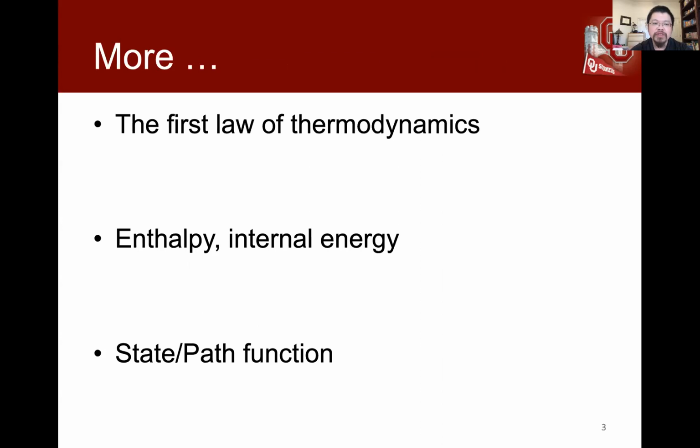And then, of course, we discussed the first law of thermodynamics. We introduced enthalpy and entropy, internal energy, and some other energy functions as well. We have four energy functions depending on which two control parameters are used: the internal energy, enthalpy, Helmholtz energy, and Gibbs energy.